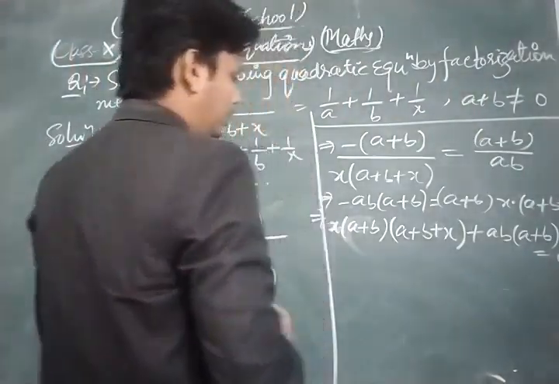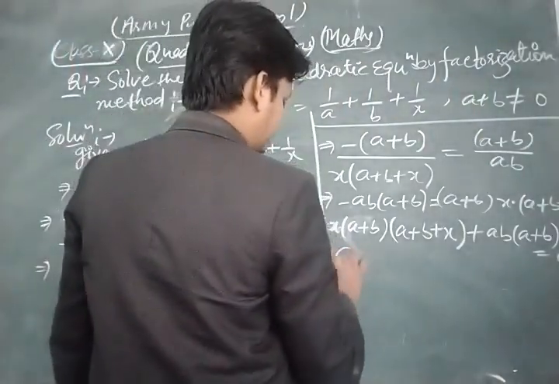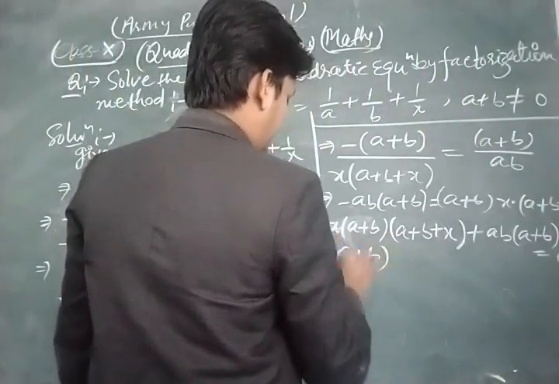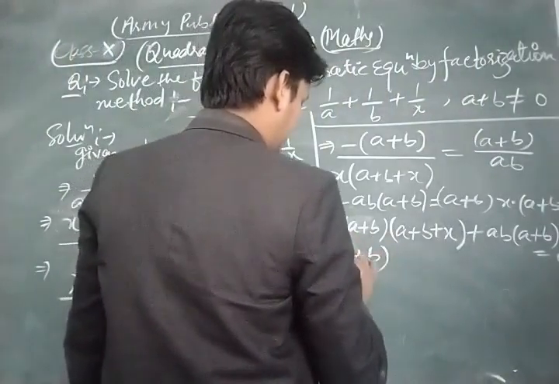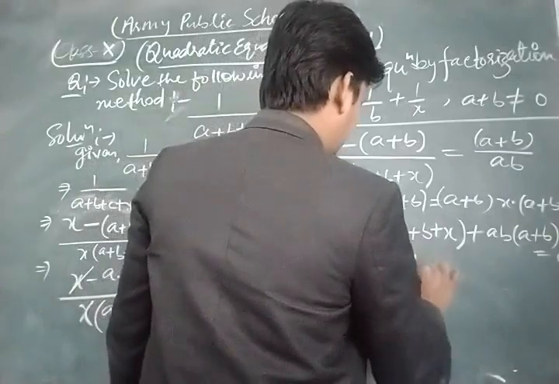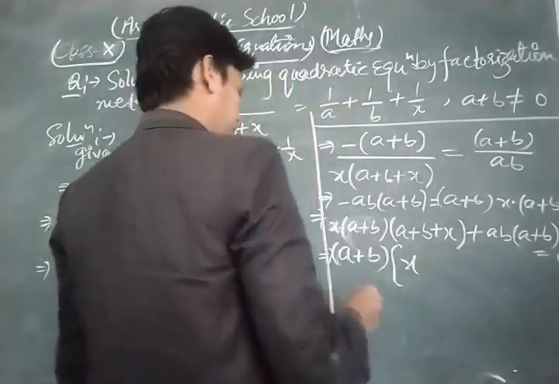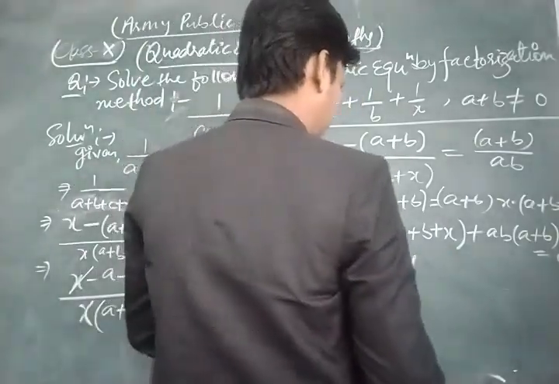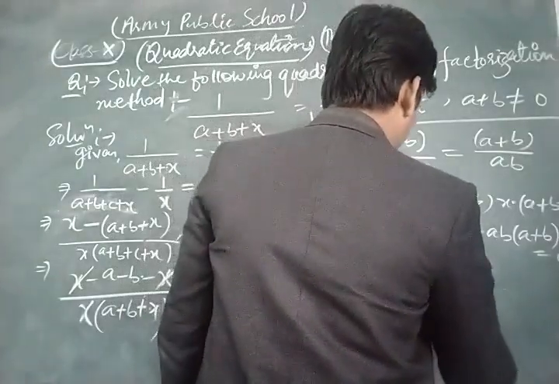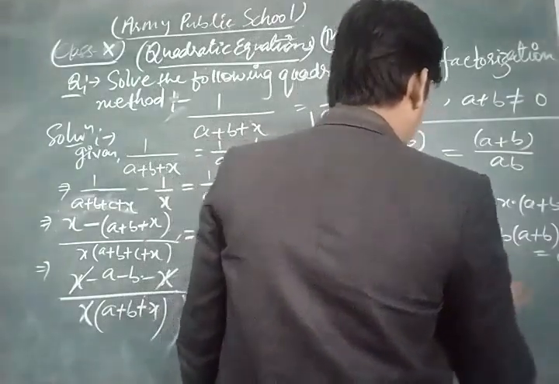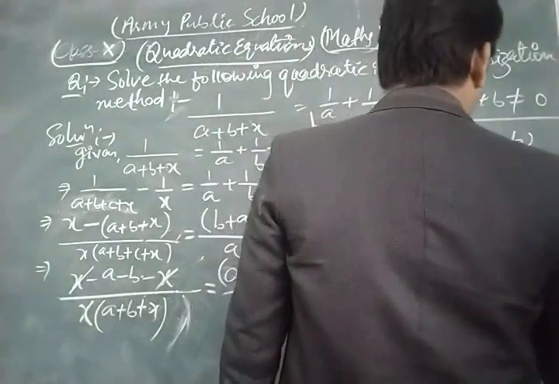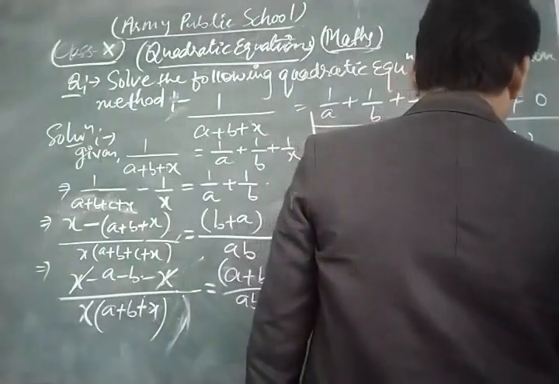If we take a plus b as common, we get x into a plus b plus x plus ab is equal to 0.